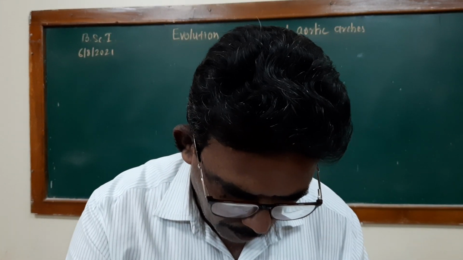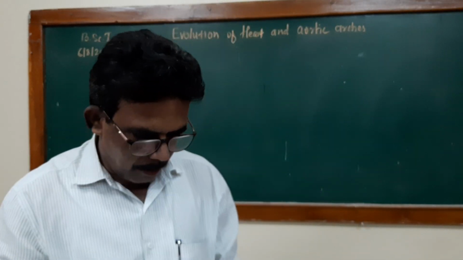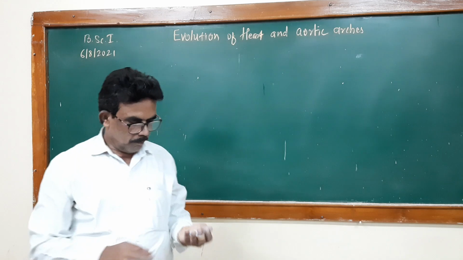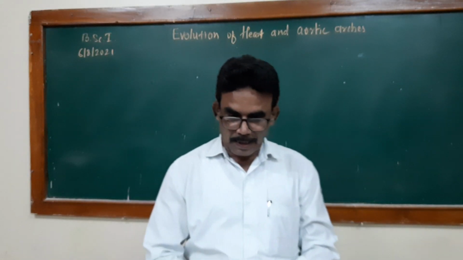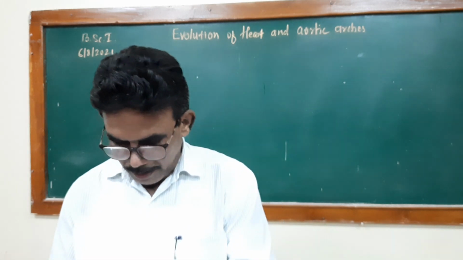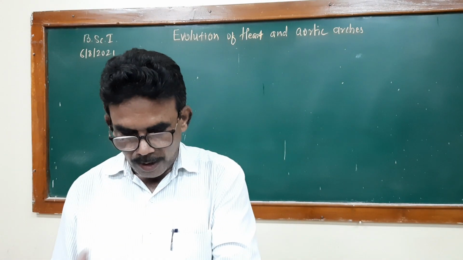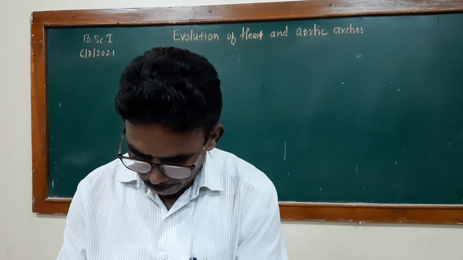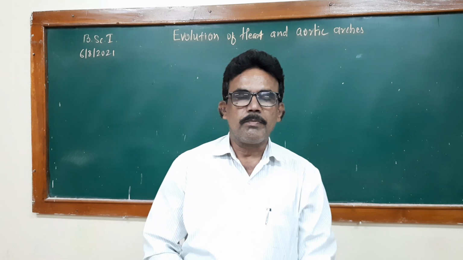Today you are going to study a new and important chapter, that is the evolution of heart and aortic arches. This comes under the circulatory system, or you can say under circulation. So that particular topic will come.